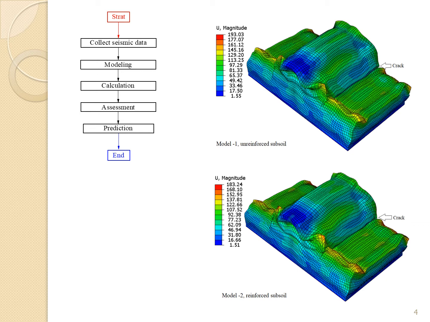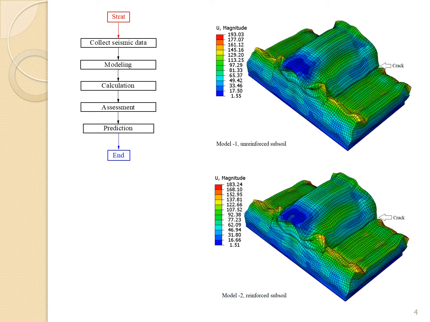In brief, on the left side of this slide we have a brief flow chart for this investigation. At first, collecting seismic data from the earthquake station, and second is the modeling.